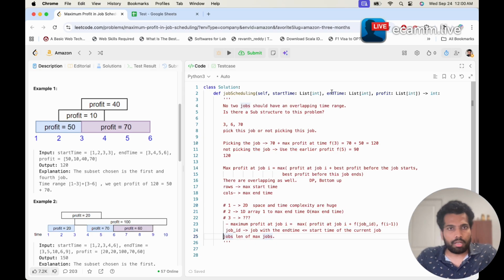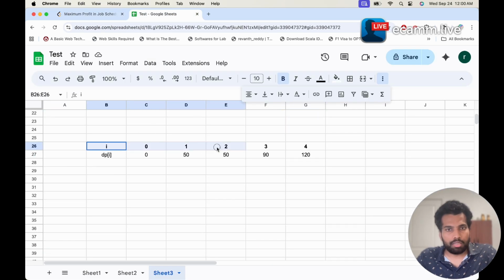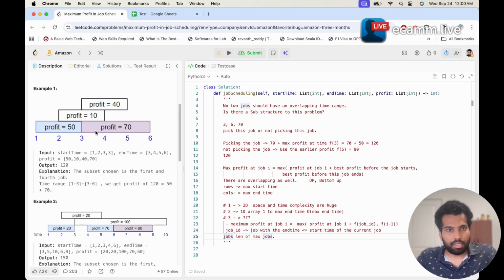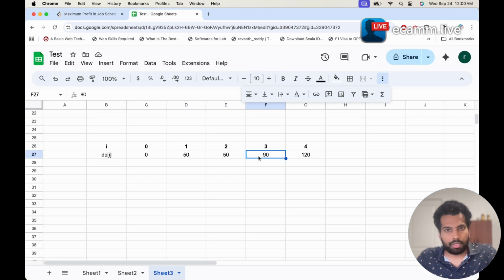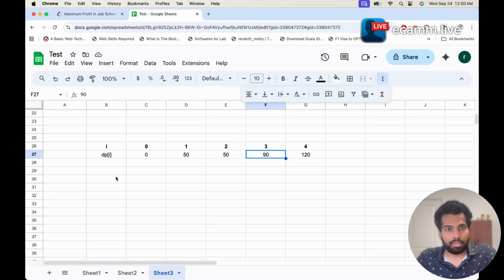And I just had a, so the DP table would be something like this. So you have the job 1, it's 50, and job 2, which is again 50, job 3, the maximum profit after scheduling.